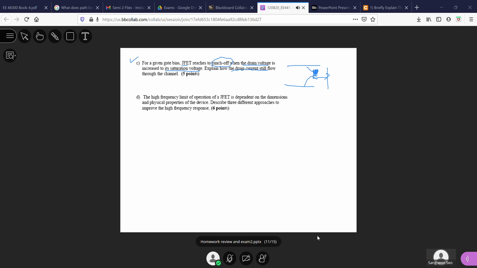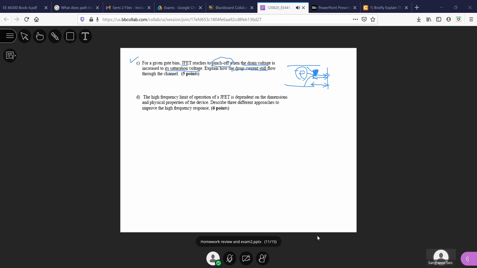The reason for this is, when the device reaches the pinch-off and you look at the electric field direction in this depletion region, the field is aligned in such a way that, for example in the N-channel device, electrons are swept to the drain side.